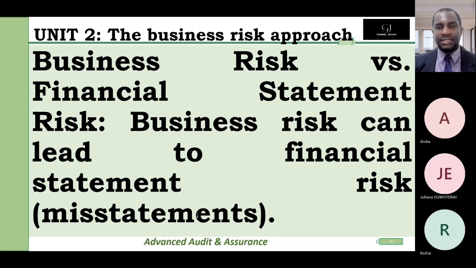So you can see the alignment. The loss of a key customer is a business risk, then it could lead to overstatement of receivables or a going concern issue, which is a financial statement risk. So that's a brief example of business risk versus financial statement risk.